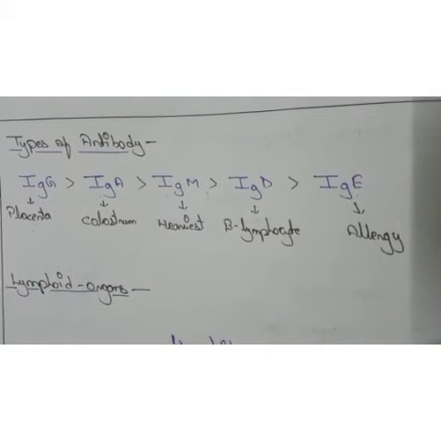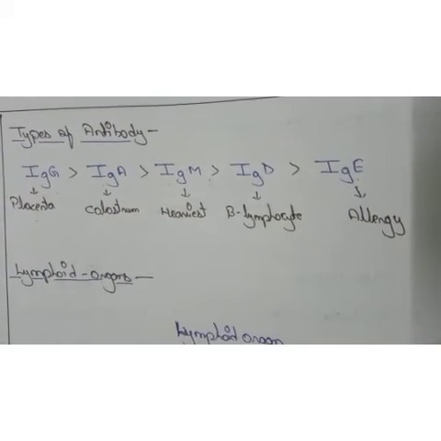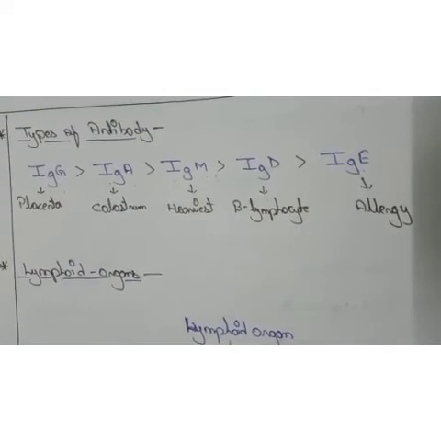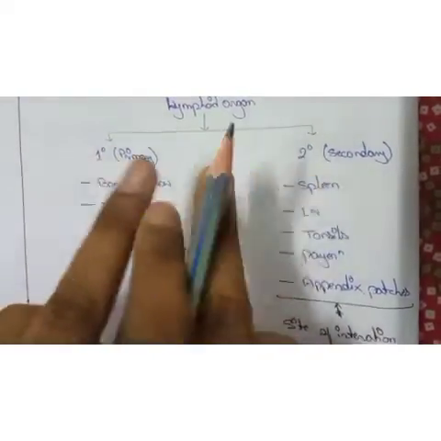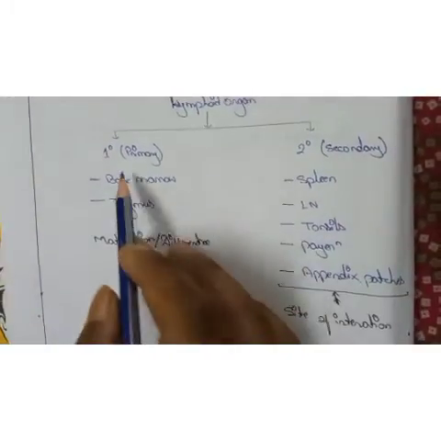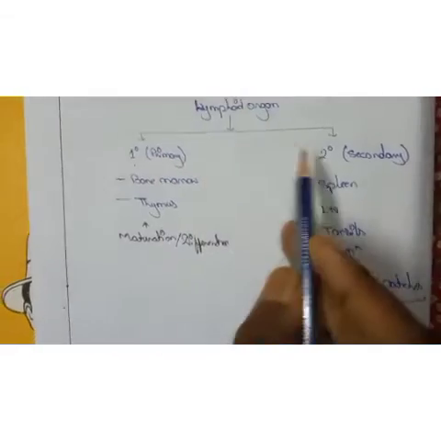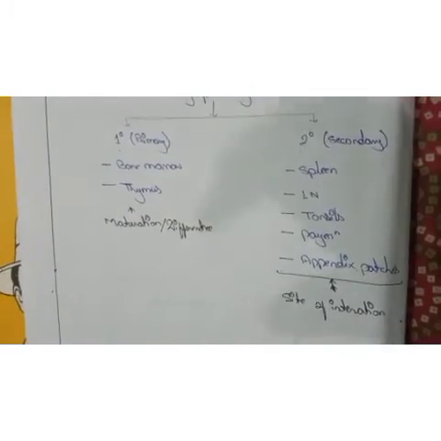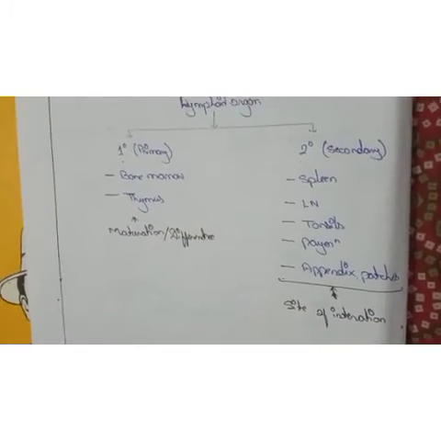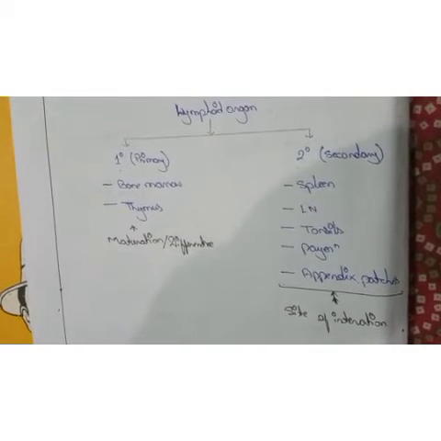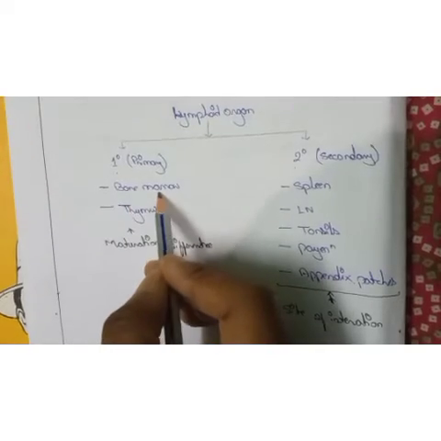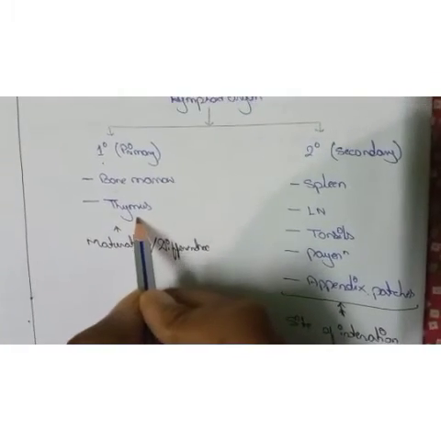Then lymphoid organs. What are the lymphoid organs? Lymphoid organs are divided into 2 subdivisions: primary lymphoid organ and secondary lymphoid organ. In primary lymphoid organ there is bone marrow and thymus.